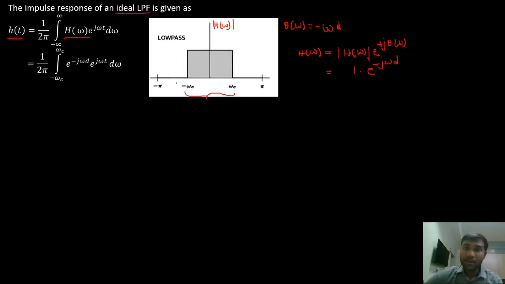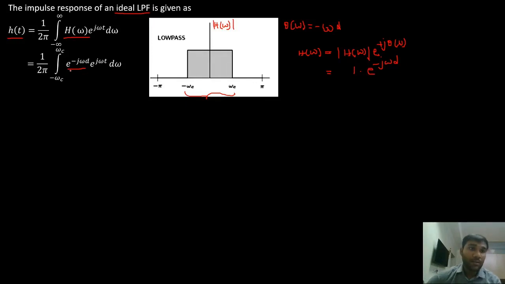The same thing I'm going to write there. In place of h of omega, I have e power minus j omega d, and my integral limits are from minus omega c to plus omega c. Outside this frequency range, h of omega is 0, so that is why I am considering it like this.